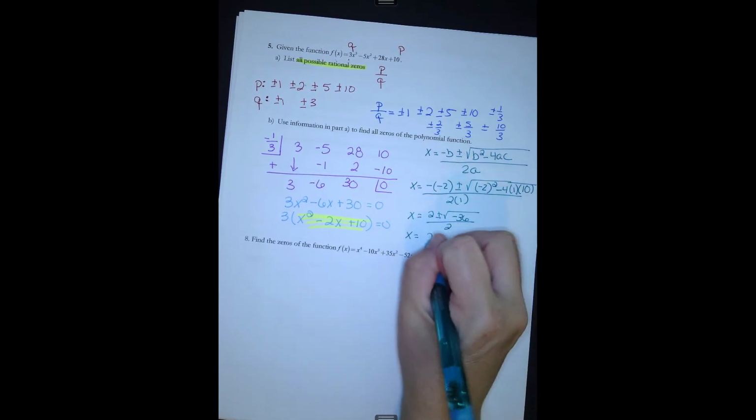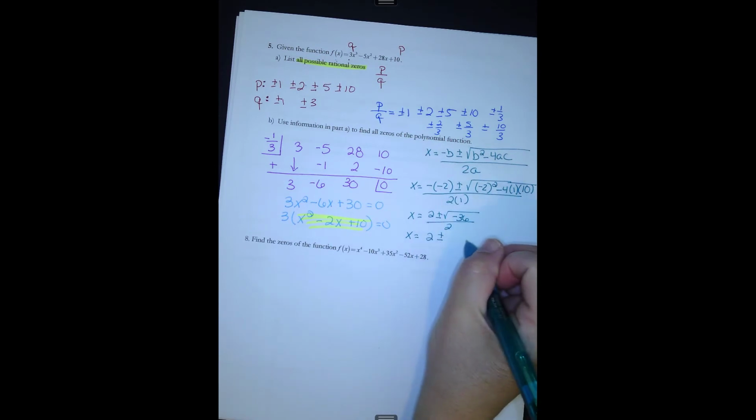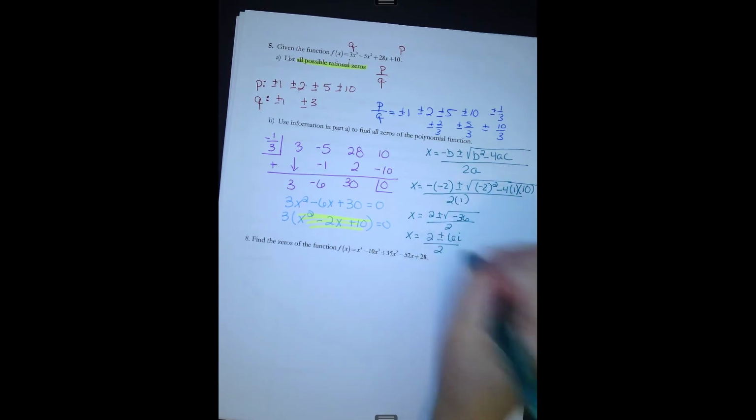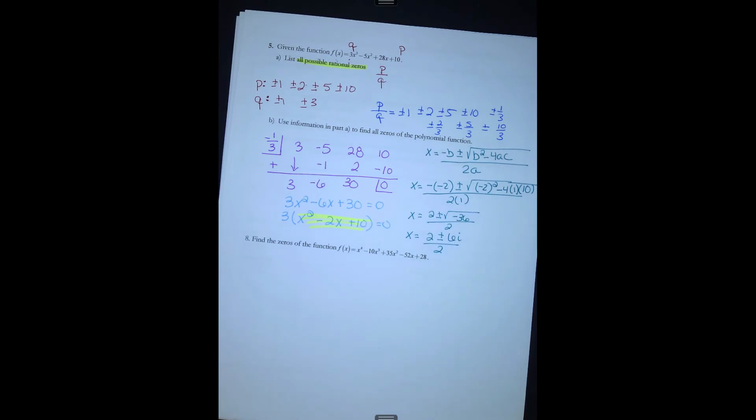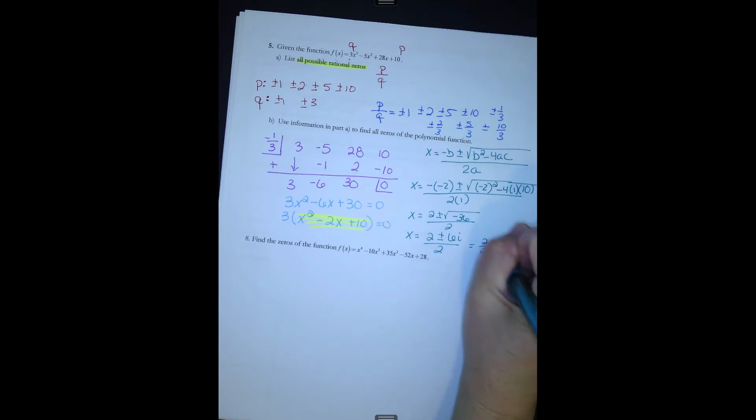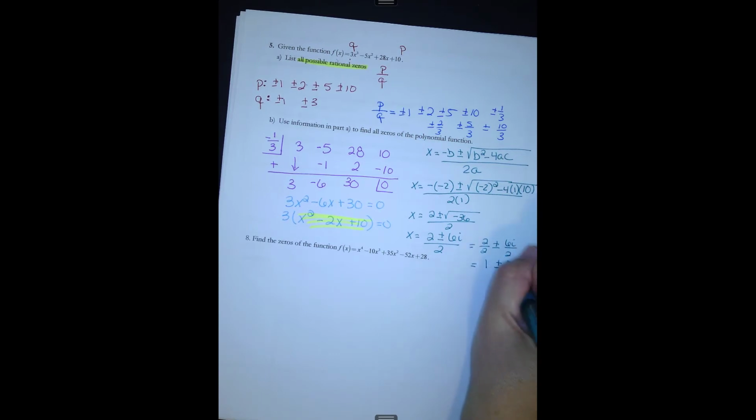So x equals 2 plus or minus, and then that would be 6i over 2. And now don't forget to kind of split that up, so that is 2 over 2 plus or minus 6i over 2. So 1 plus or minus 3i. So then it says find our zeros.